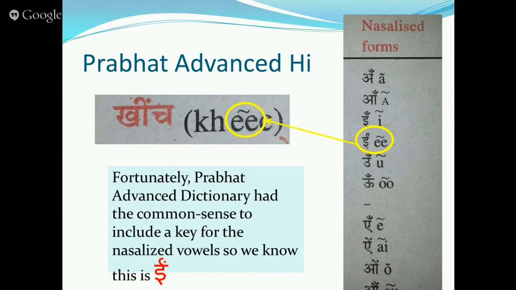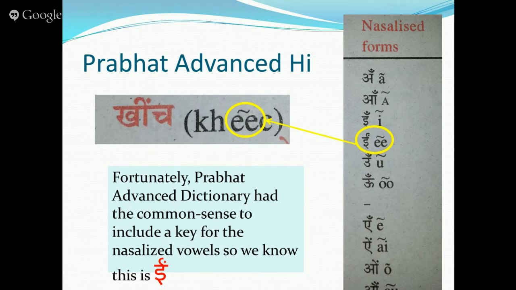So the lowercase a, the uppercase a, I is one I, E is double E, U is one U, U is double O, A is E. No, this is not like in English, but A is E, is AI, O is O, yeah, obviously, and is AU.